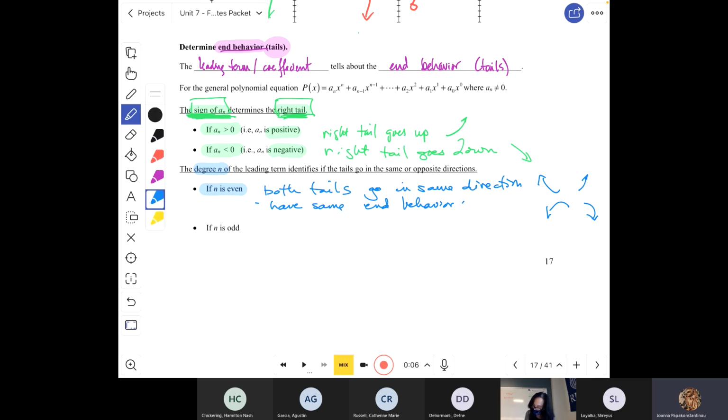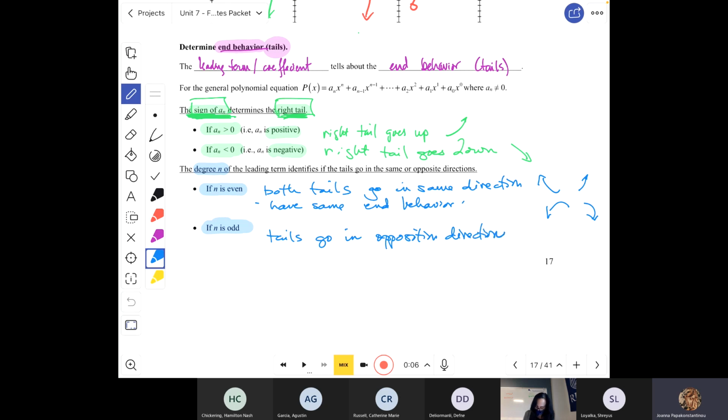So if the degree of the leading term is odd, the tails go in opposite directions, different in behavior. In other words, if the right tail goes up, the left tail will go down, or if the right tail goes down, the left tail will go up.